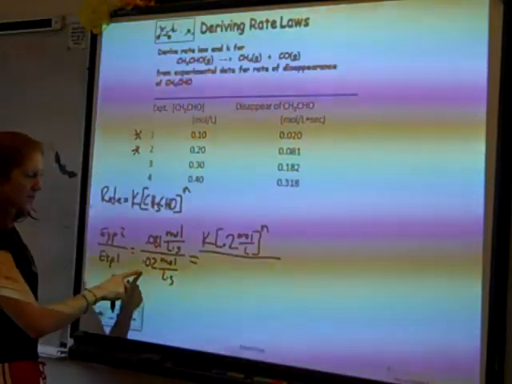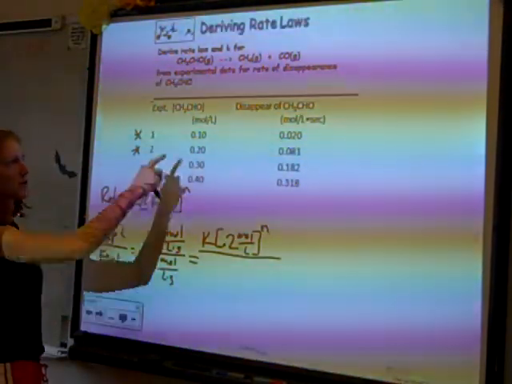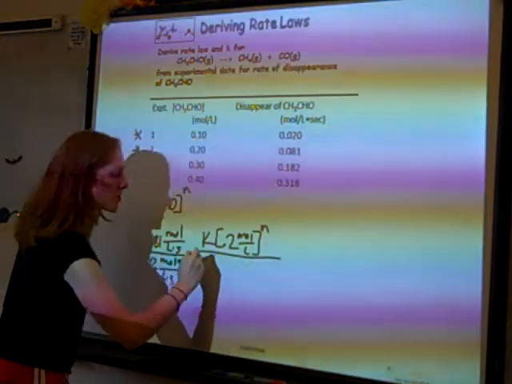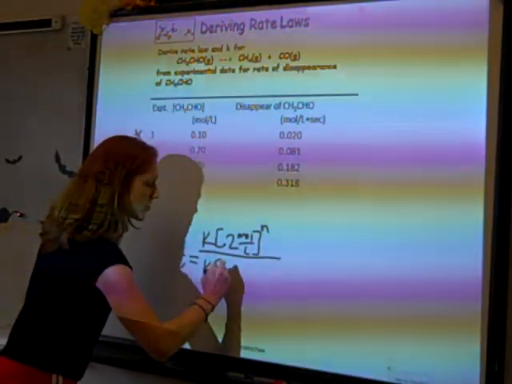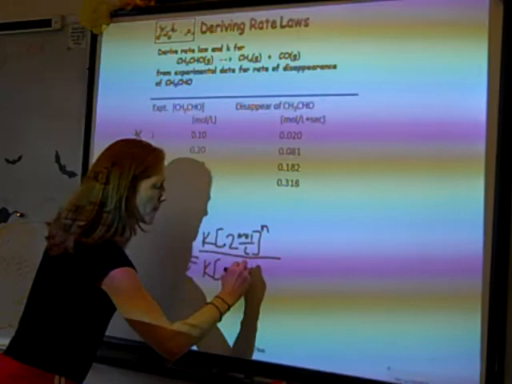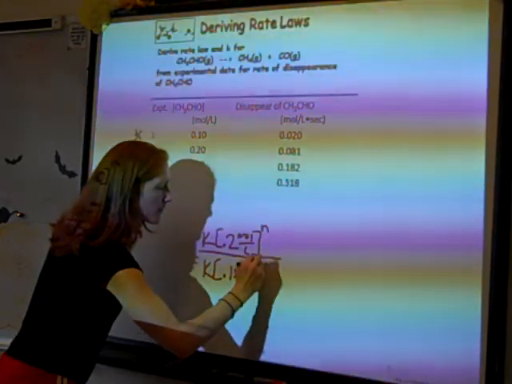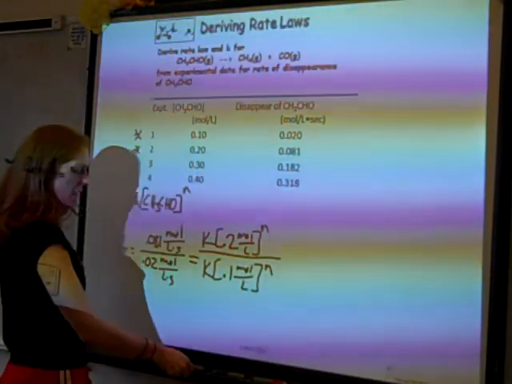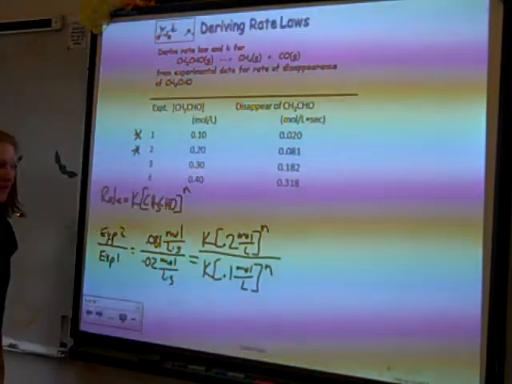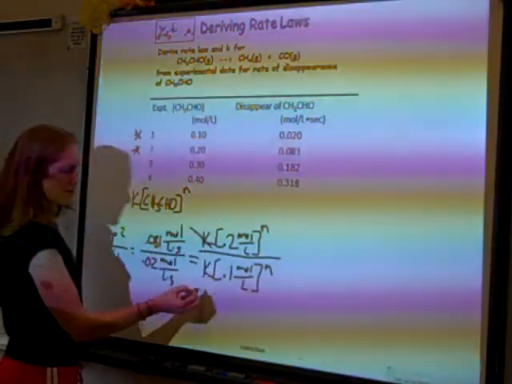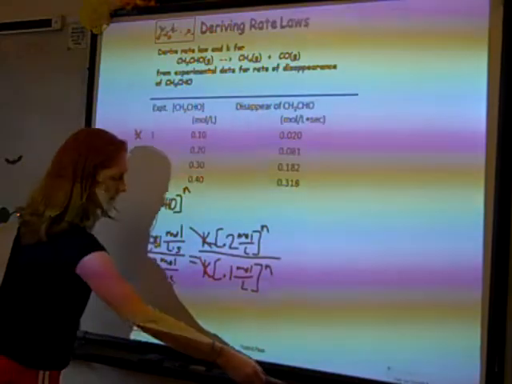Raised to the power of n. And I'll do the same thing with experiment 1. Experiment 1 had this concentration, so K times 0.1 moles per liter, still raised to the power n. Now my favorite part, I get to cancel things out. K is the same.